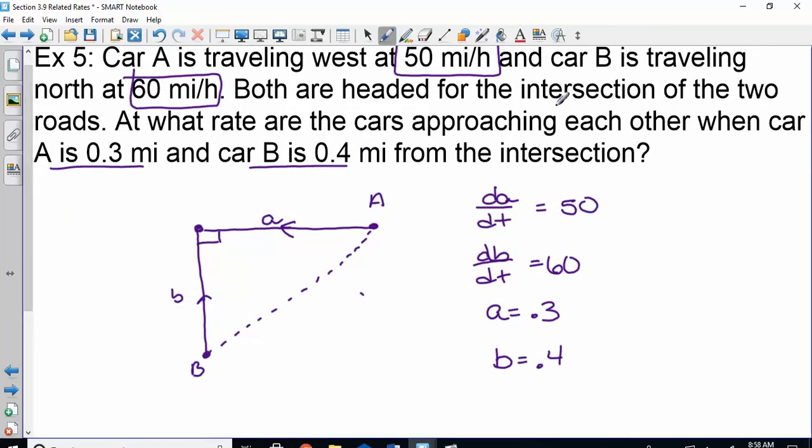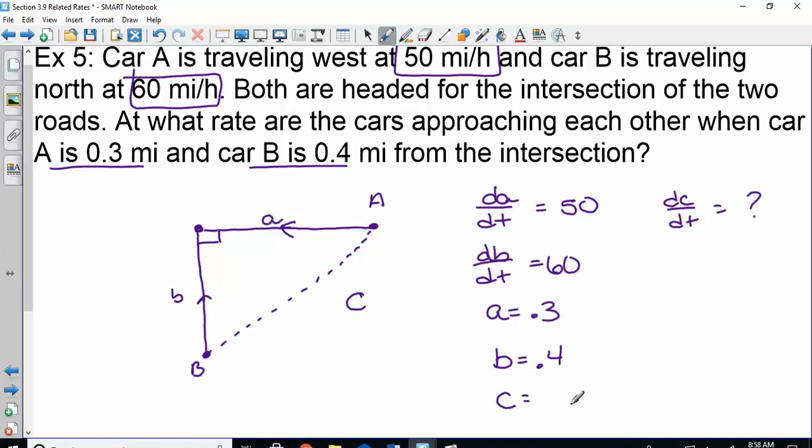We want to know how fast the cars are approaching each other. So if I want to call this side C, and I want the how fast, what am I looking for? dC dt. Could you find C at that particular instant?